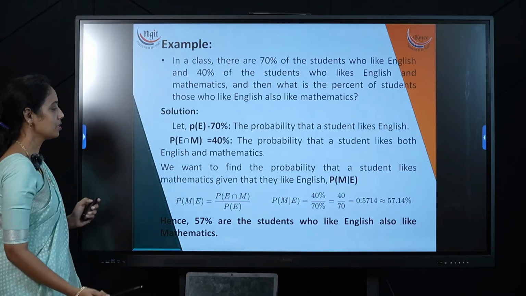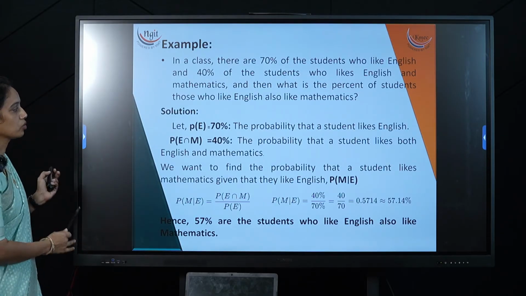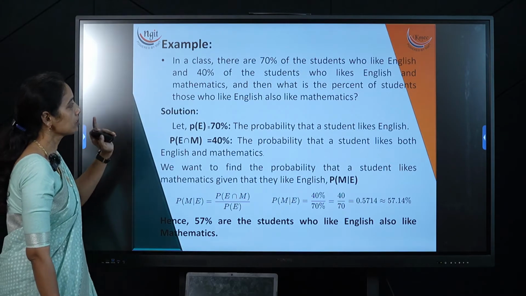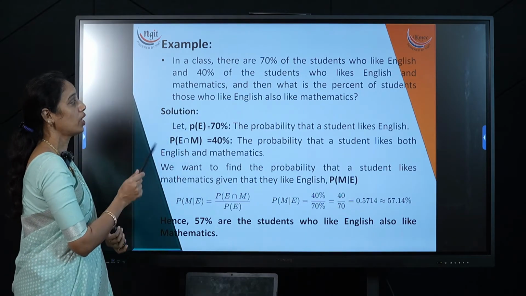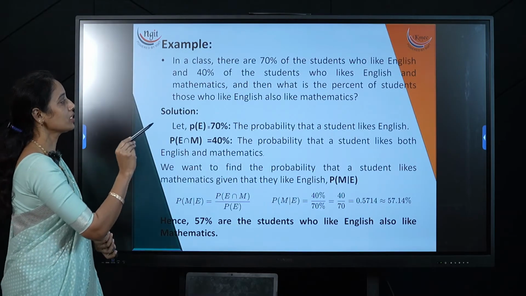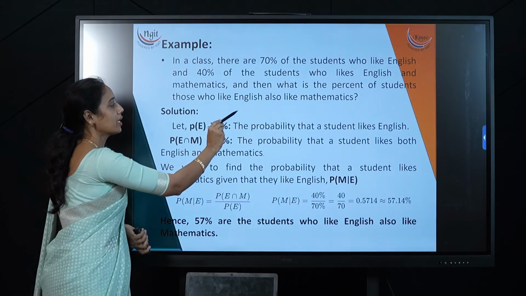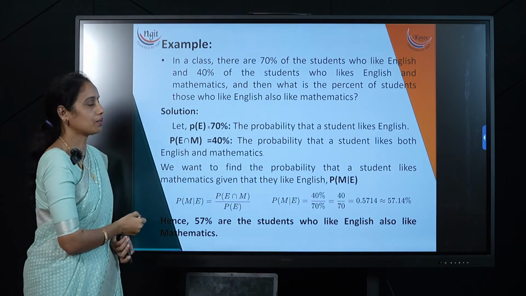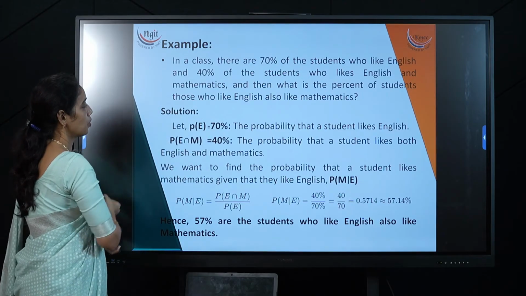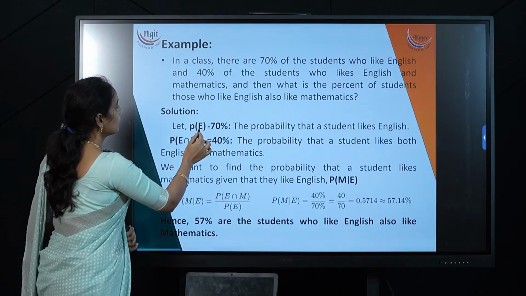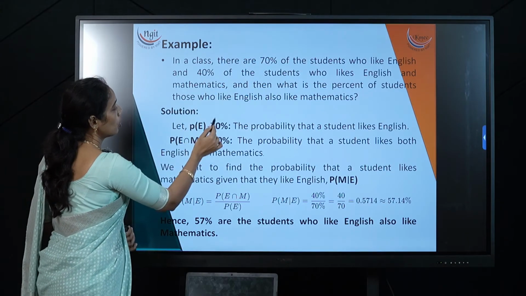So, let us discuss one example which is related to this. In a class, there are 70% of the students who like English and 40% of the students who like English and mathematics. Then what is the percent of students who like English also like mathematics? So, let us first define the problem in terms of conditional probability. Let the probability of English be 70%.